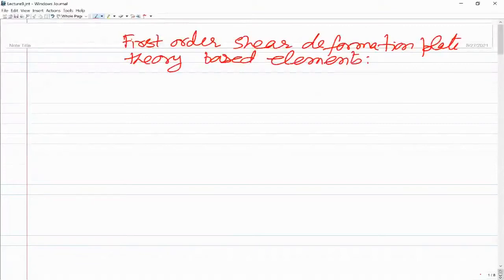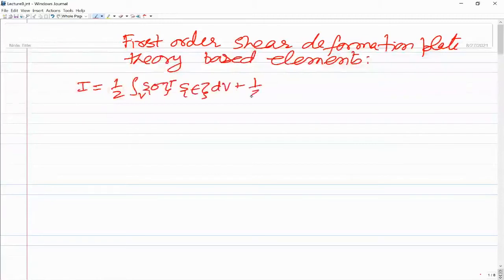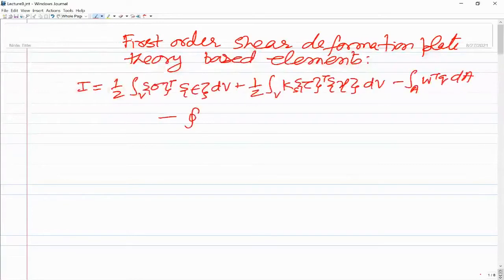In the last class, I had written the integral functional: half integration over volume of sigma transpose into epsilon, plus half integration over volume of shear correction factor Ks and tau transpose into gamma dV, minus the integration over area of W transpose into Q dA, and minus the boundary integral of W transpose into Qn, plus theta n transpose into mnn, plus theta s transpose into mns ds.